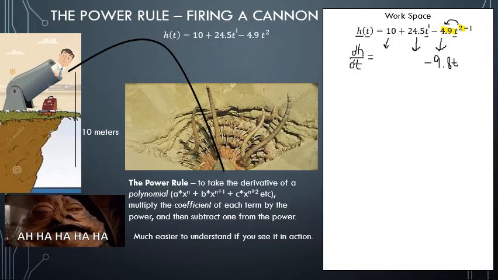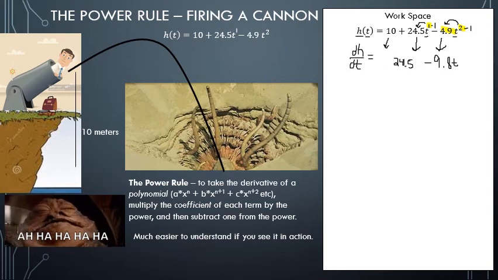So 24.5 times 1 is still 24.5, which is convenient, right? Multiplying by 1 doesn't change anything. Now, just like last time, we need to take our exponent and subtract 1. So 1 minus 1 is 0, and t to the 0 is just 1.